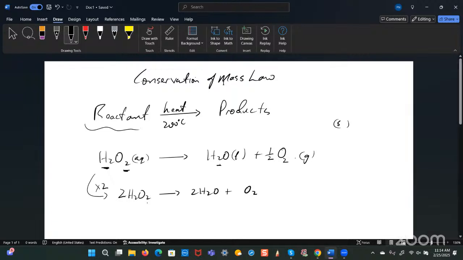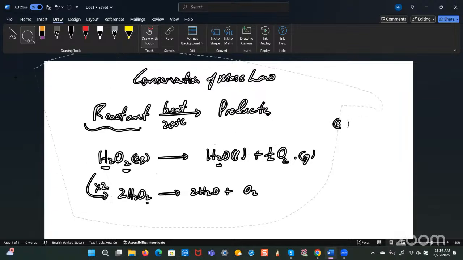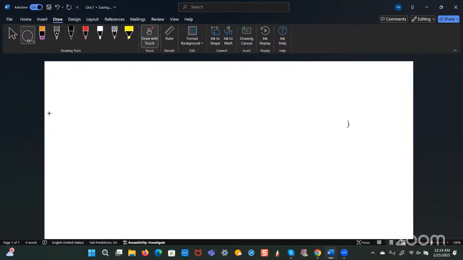Okay, so let me clear this. And I'm just going to go through a couple of examples, starting with N2 plus H2 to give NH3.